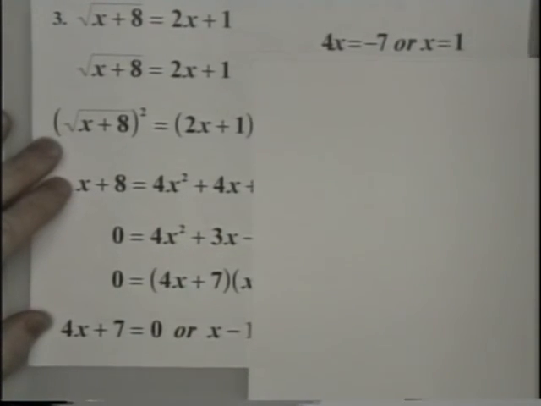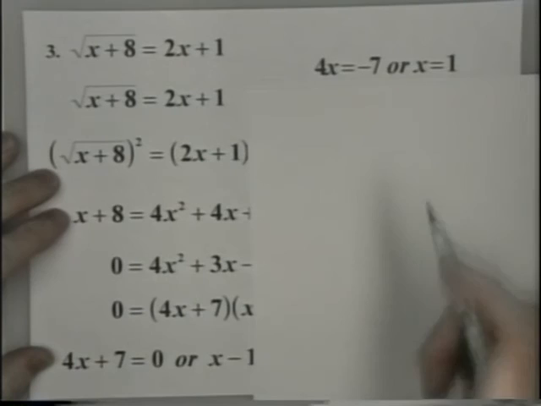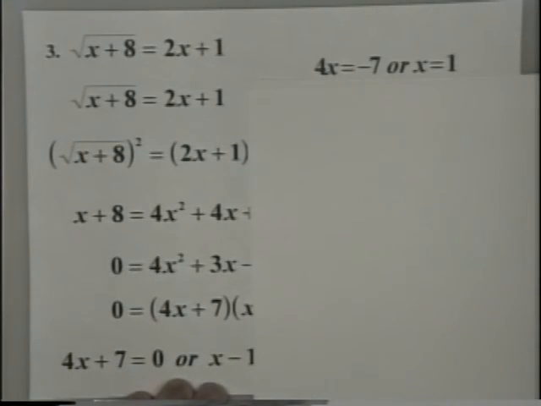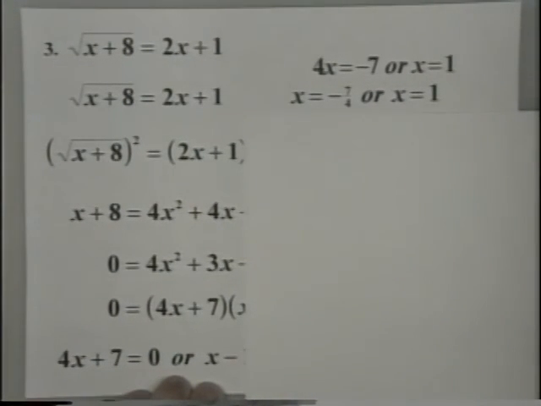So solve the first one for x. You've got to subtract 7 from both sides, then divide by 4. And so we get x is equal to negative 7/4 or 1.